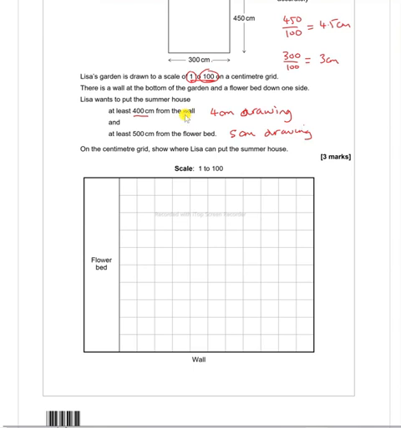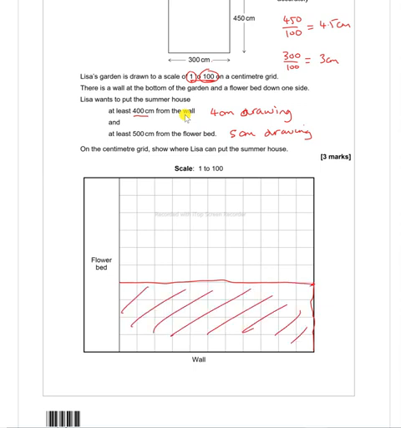So we want it 4 centimeters from the wall: 1, 2, 3, 4. That represents 400 centimeters, so it can't be here. That would be too close to the wall, and it has to be 500 centimeters, half a meter, from the flower bed. So 1, 2, 3, 4, 5 there. So it can't be in there.